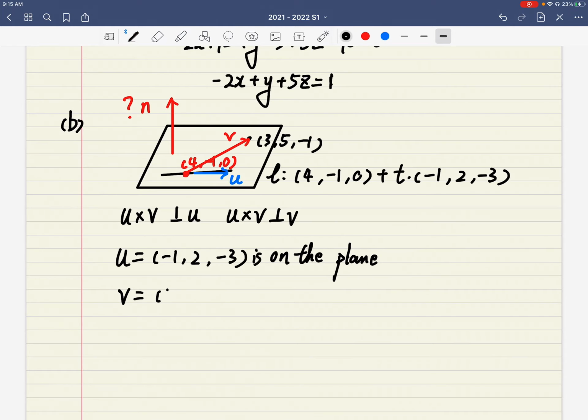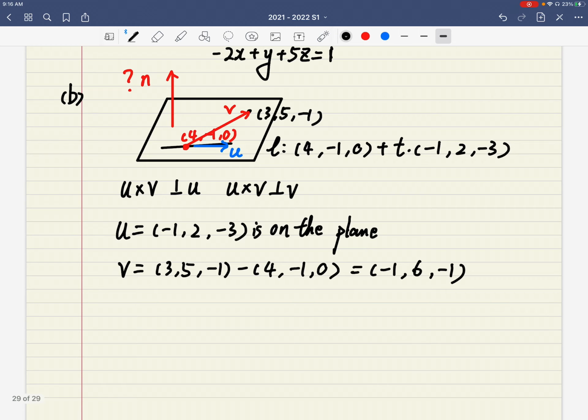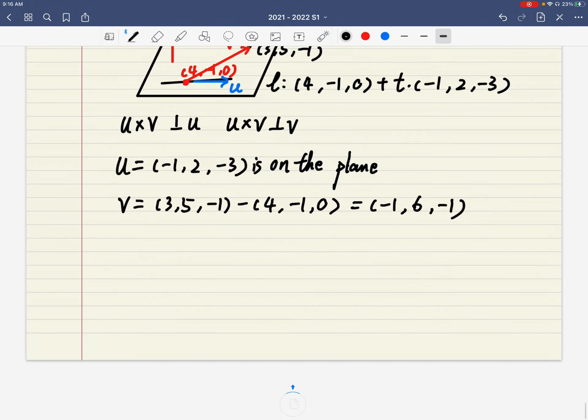We can just use 3, 5, -1 minus 4, -1, 0. It will be -1, 6, -1. All right, so now we have our u and v. We just need to do the cross product.